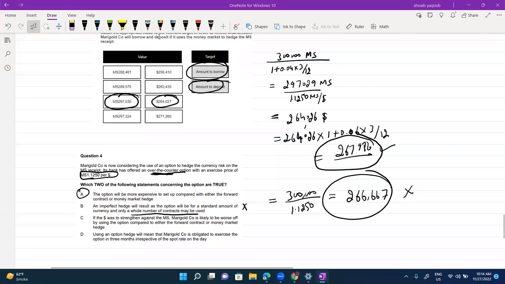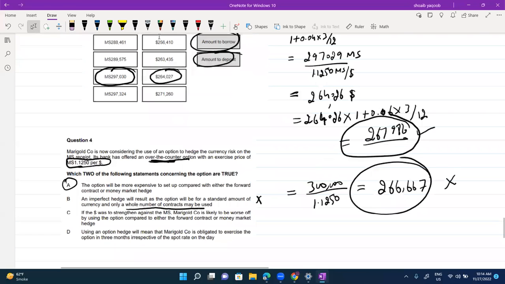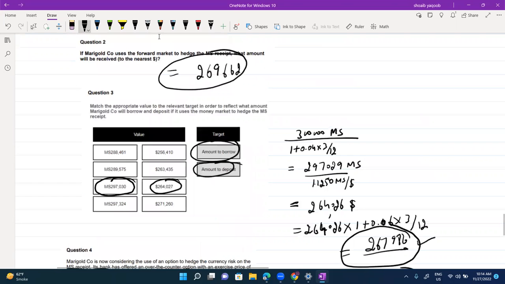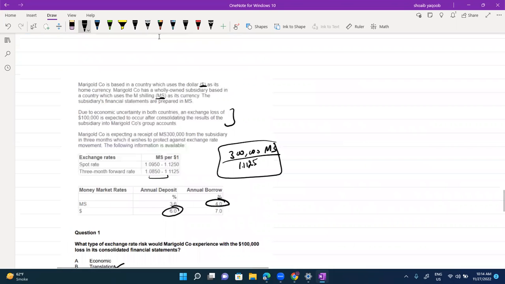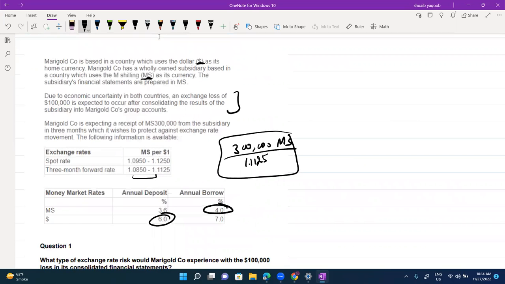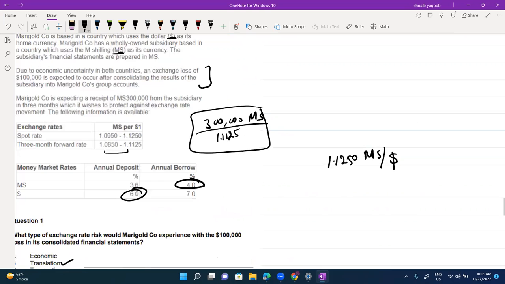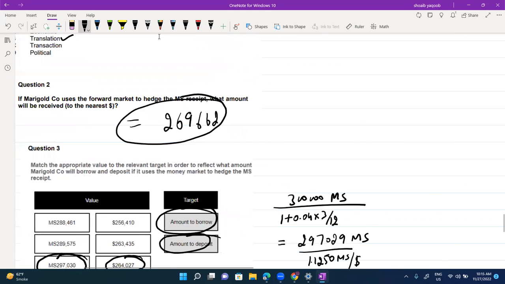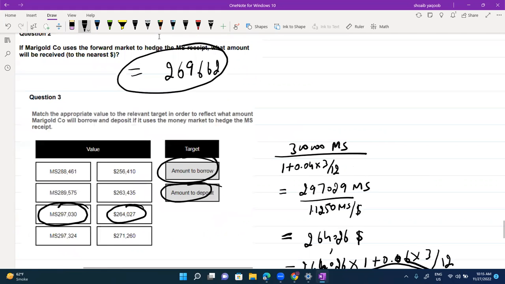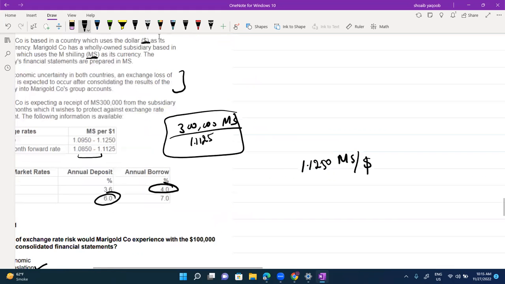Okay, next, third option. If the dollar was to strengthen against the MS, dollar was to strengthen means क्या है? अभी कितना है डॉलर? 1.1250 MS over dollar. If dollar was to strengthen का मतलब समझते हैं? डॉलर स्ट्रांग हो रहा है.